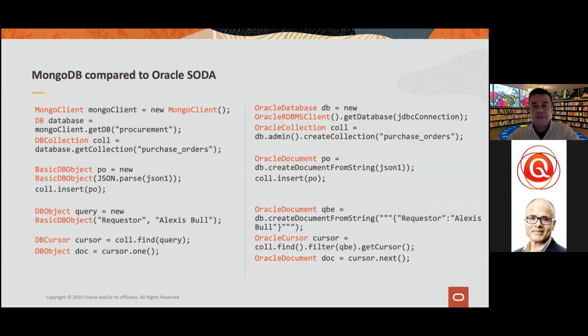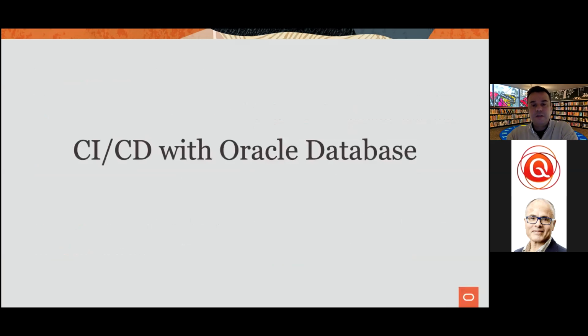On the left side we have MongoDB, on the right side we have SODA APIs, and you can see it's a very small amount of lines, and you can do the same from a NoSQL database with its proper API, and from Oracle database.